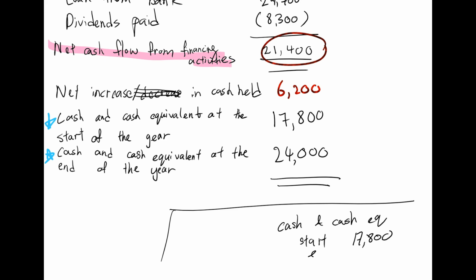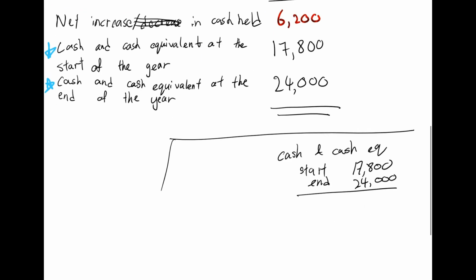At the end is 24,000. So you take the end minus the start, which is 24,000 minus 17,800, and you will get 6,200.